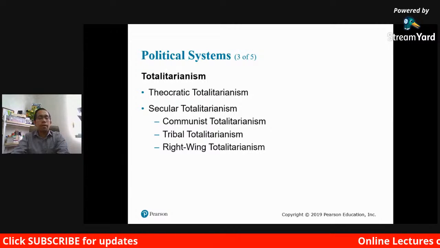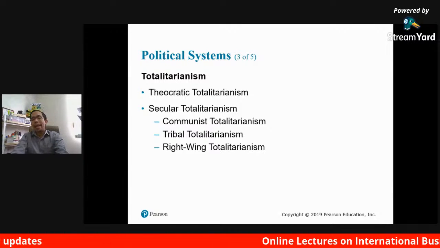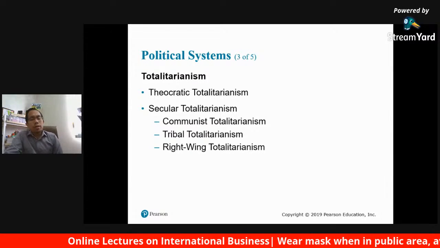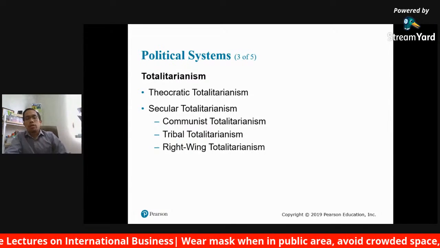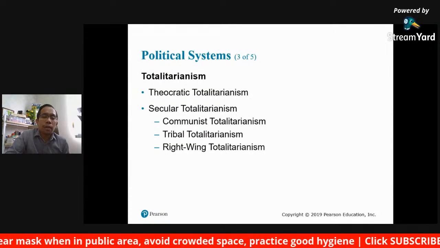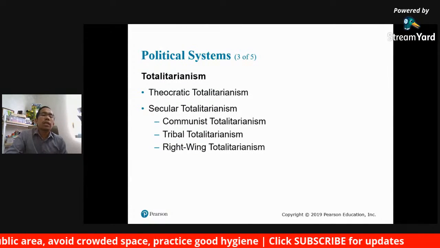In this kind of political system, we can divide it into a few kinds of totalitarianism. First, we can call it theocratic totalitarianism.